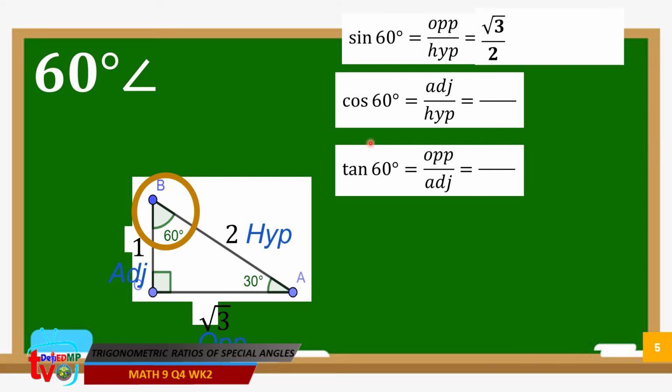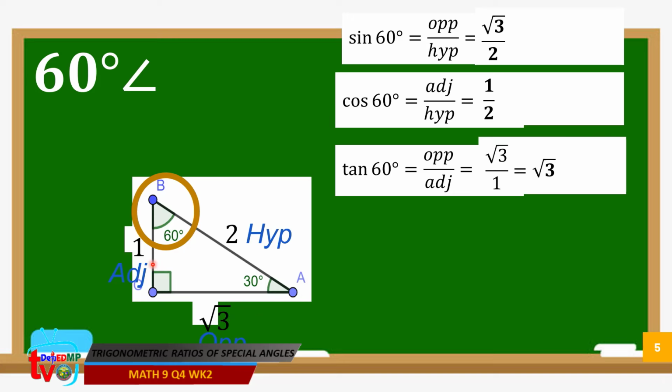You're right again, that is adjacent over hypotenuse, 1 over 2, which is 1/2. And lastly, what is tangent 60 degrees? Excellent! That is opposite over adjacent, which is square root of 3 over 1, further simplified as square root of 3.